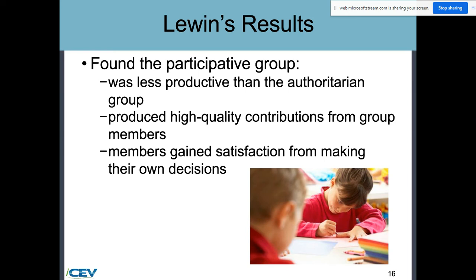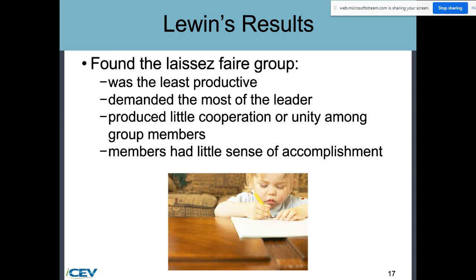The participative group was less productive than the authoritarian group, but produced high quality contributions from group members. Members gained satisfaction for making their own decisions. The laissez-faire group was the least productive. It demanded the most out of the leader. It produced little cooperation or unity among group members, and members had little sense of accomplishment.